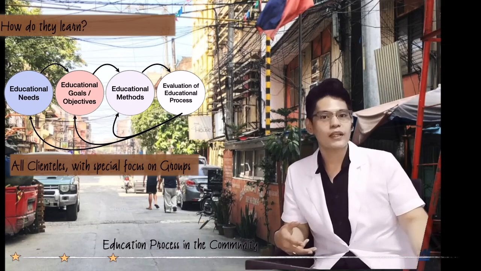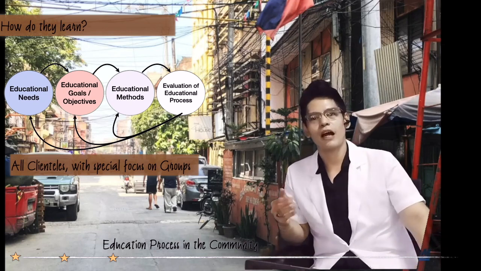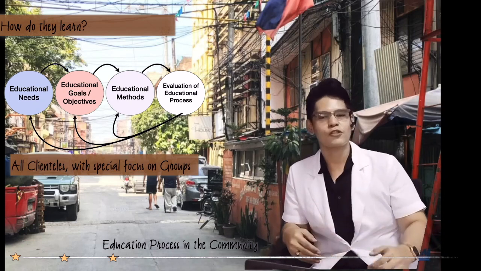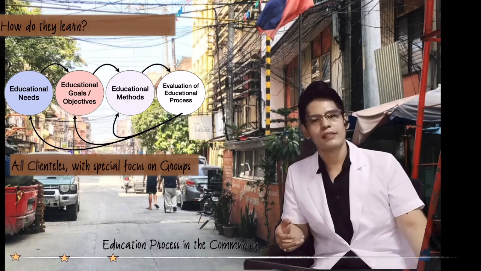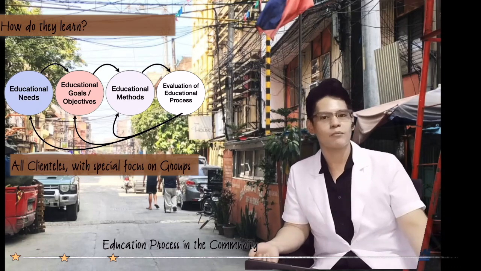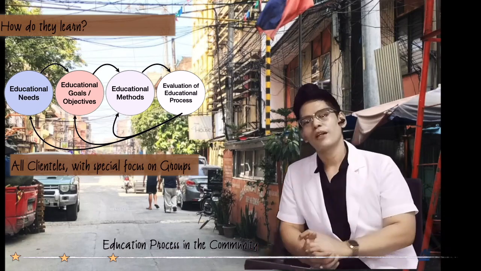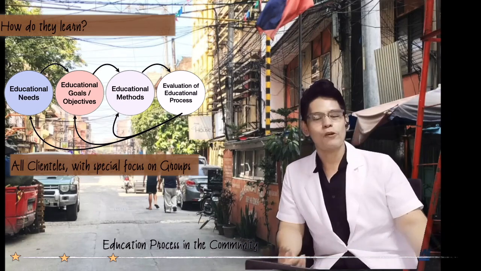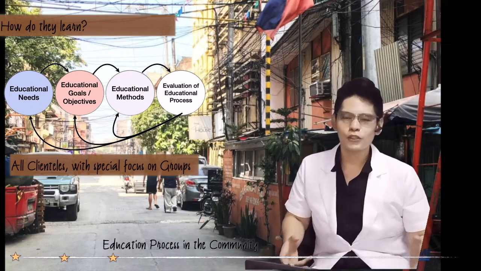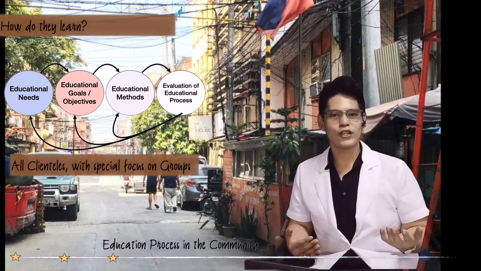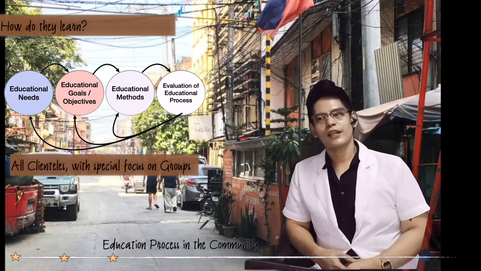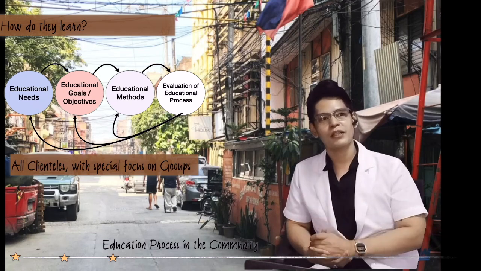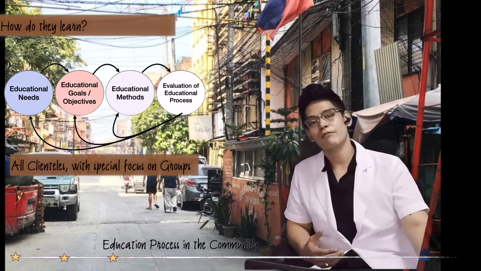We also set objectives and goals, similar to our discussion today. You have course learning outcomes that after this discussion, you should acquire these things. It's similar with the education process in the community. What do we want to achieve? What are our goals after this session of education? And with those goals, we have different methodologies like face-to-face teaching, learning, education, the use of technology, the use of role-playing, the use of IEC materials, and the things that we have discussed in nursing informatics, diba?